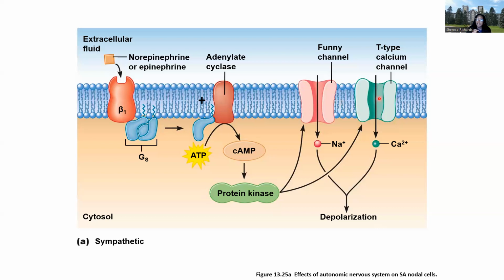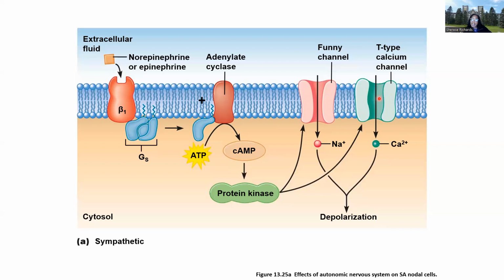Now, we've talked about the ionic movement that brings about depolarization in a pacemaker cell. It's going to start with the funny channels opening up, which creates a net movement of sodium. And then calcium channels open up, and that brings about the rapid depolarization in a pacemaker cell.